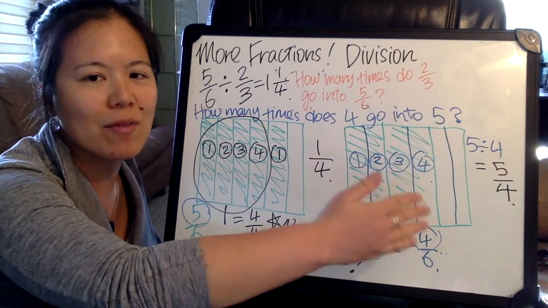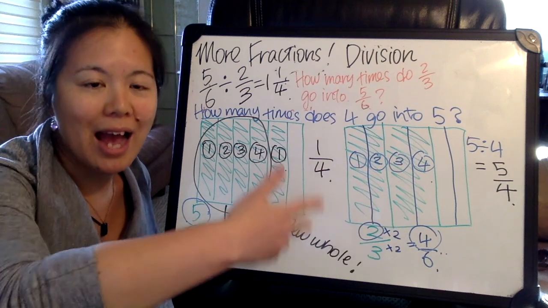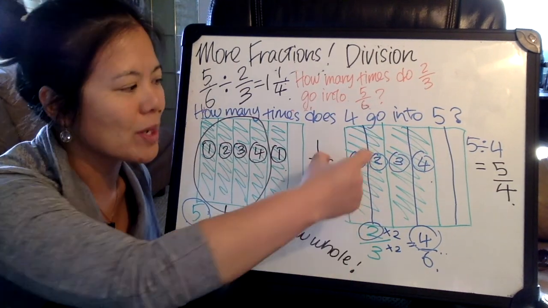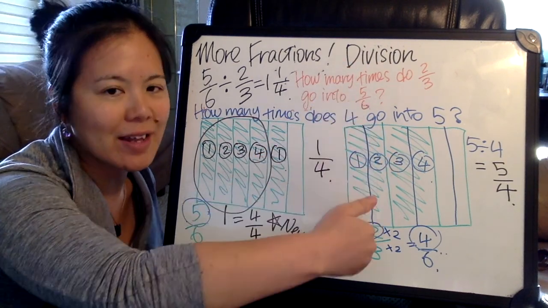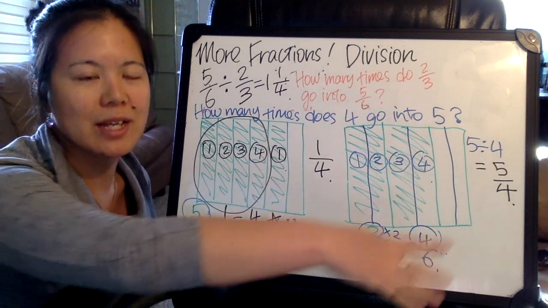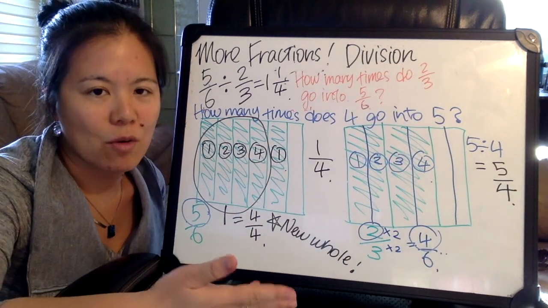That's exactly what we did. We had an area model. We had our whole divided into 3 equal pieces. So we took each and divided that into half again, so that now we can represent our whole to be divided into 6 equal parts.